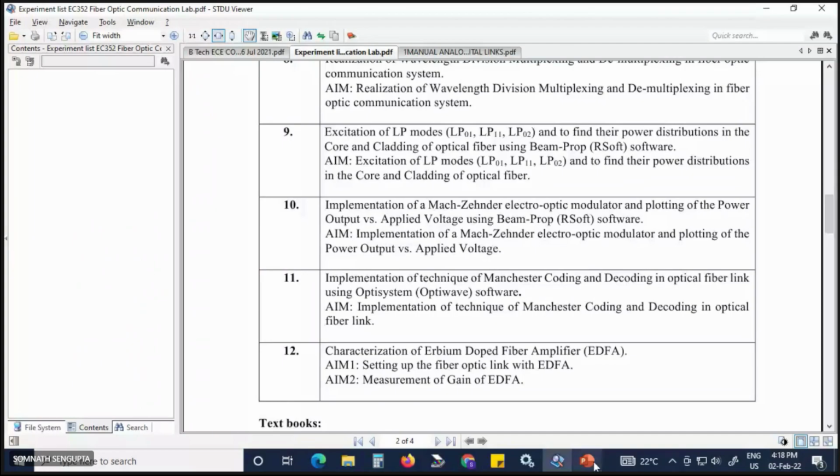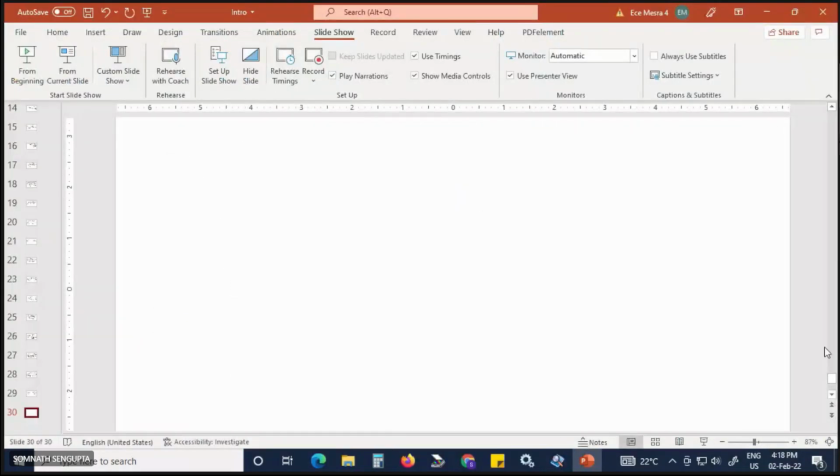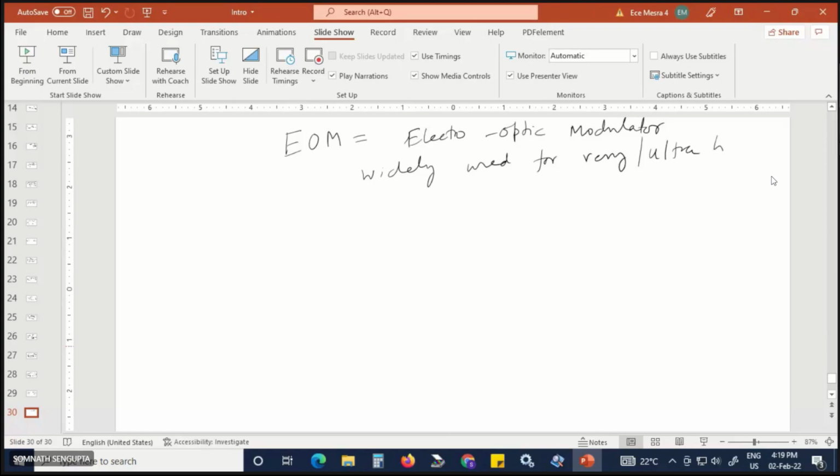What is an electro-optic modulator? It is called EOM, electro-optic modulator. That is widely used for very or ultra high frequency applications.